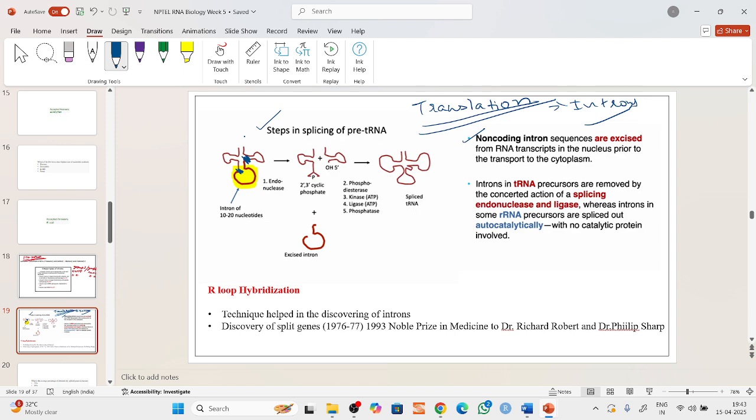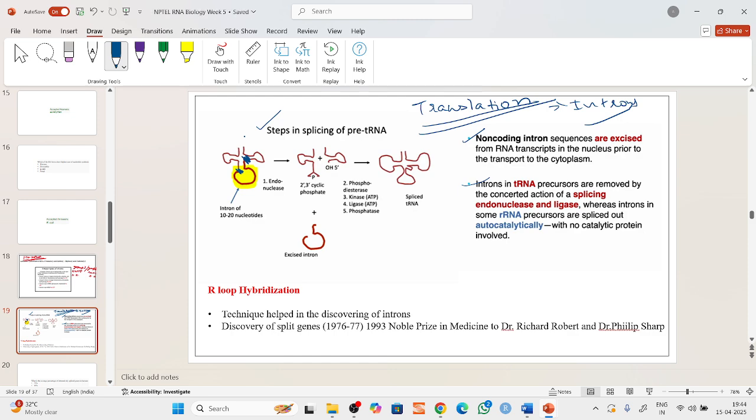And then, introns in tRNA precursors are removed by the concerted action of splicing endonuclease and ligase, whereas introns in some rRNA precursors are spliced out autocatalytically with no catalytic protein involved. What does this statement mean? That when tRNA is spliced out, you might need the external use of some endonucleases and some ligase enzymes.